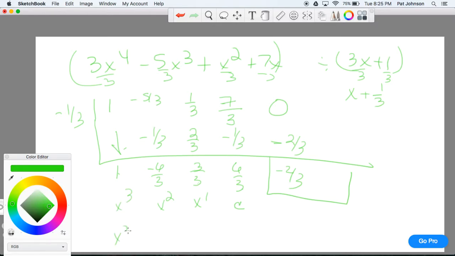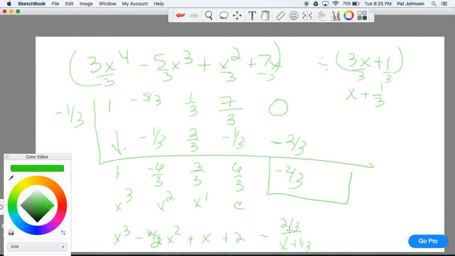That's how you write that. So it's x cubed minus 6/3 x squared plus, this is 1, so x plus 2, and actually this is 2. And then this is minus 2/3 divided by x plus 1/3.